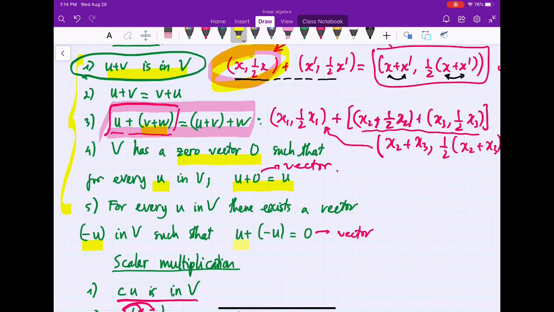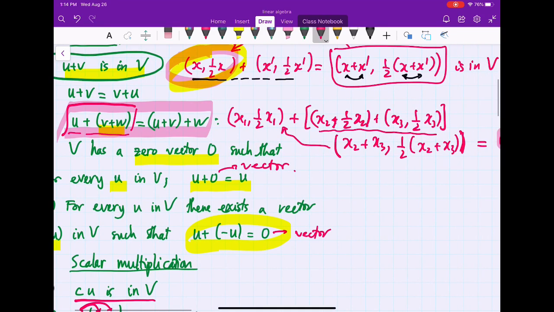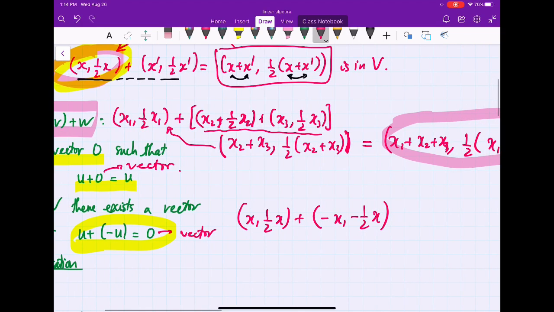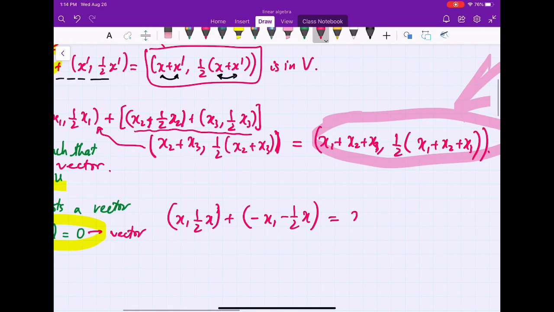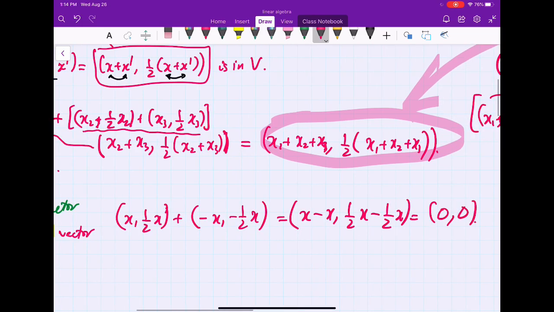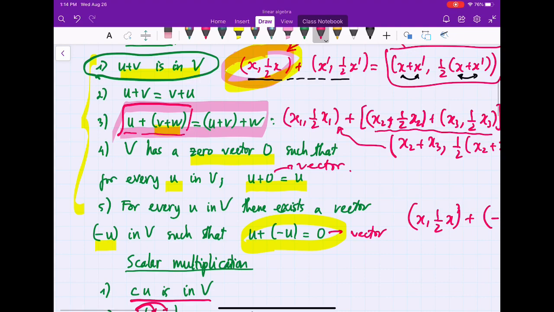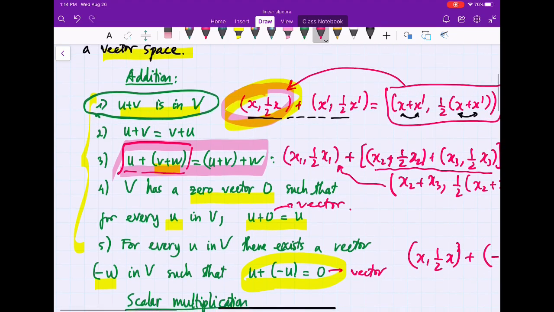The last property is obvious because, if you pick any vector x, 1/2 x, you just add with negative x and negative 1/2 x. Since this is the standard addition in Rn, you get x minus x, 1/2 x minus 1/2 x, and that is 0. So, 5 properties for addition are satisfied.